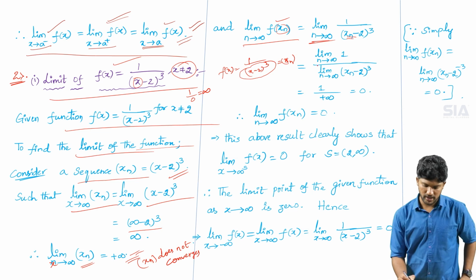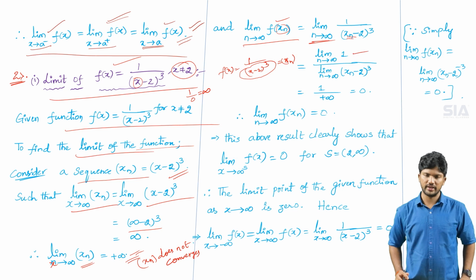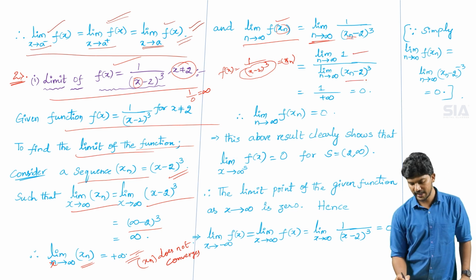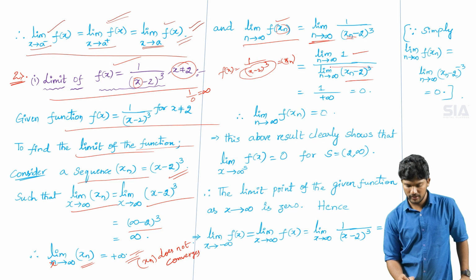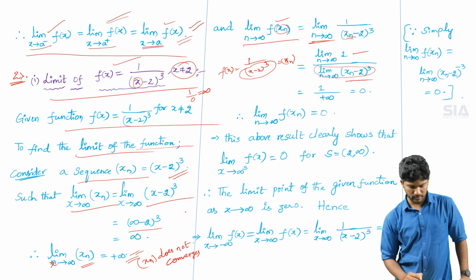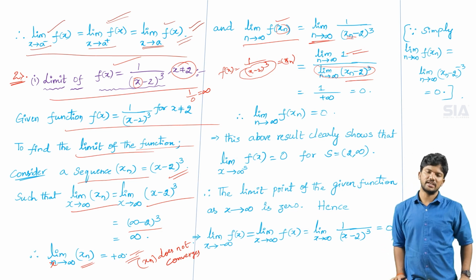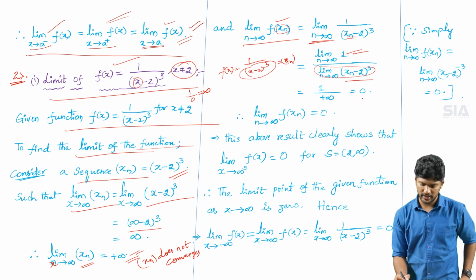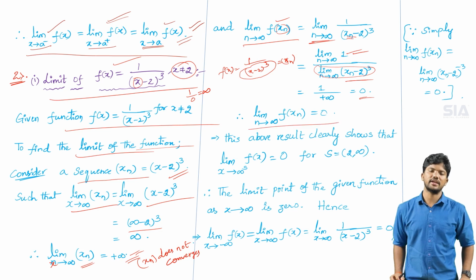So this limit we can separate into denominator and numerator: limit n tends to infinity 1 by limit n tends to infinity (xn minus 2) whole cube. Already from the previous step we got plus infinity, so 1 by plus infinity. In the numerator there is no n term, only constant 1, so 1 as it is. 1 by infinity gives 0. So limit n tends to infinity f of xn equals 0.